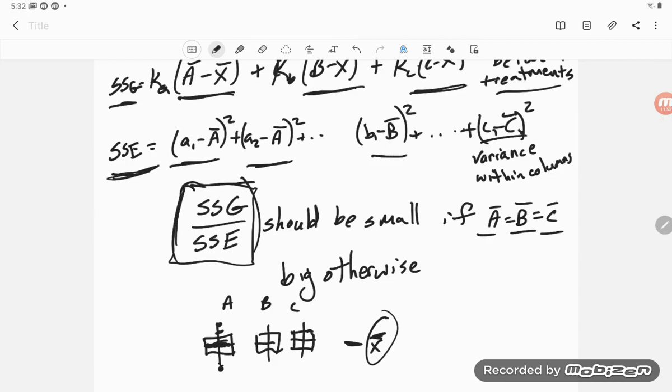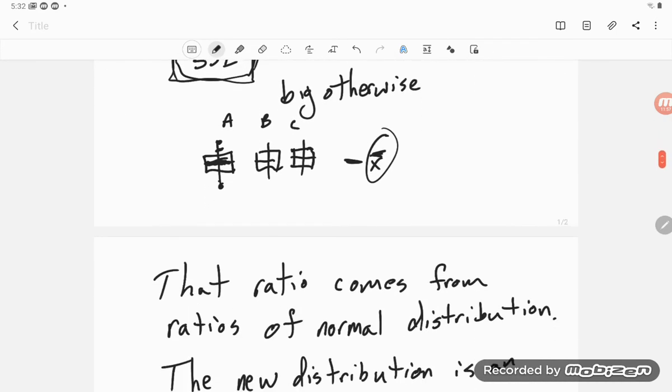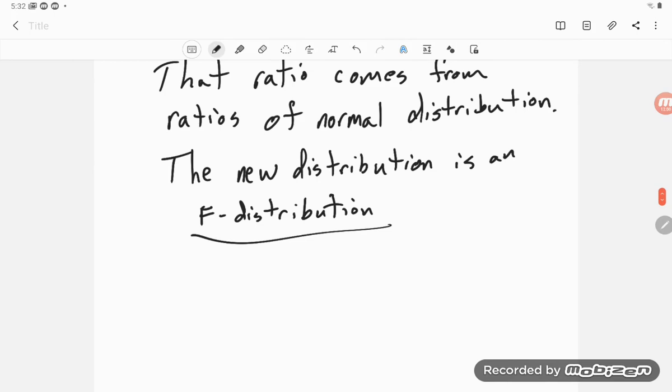And then we're trying to look at a ratio that has to do with those two numbers. And that ratio is what we then look up in an F distribution. So that's the intuition of the analysis of variance test.